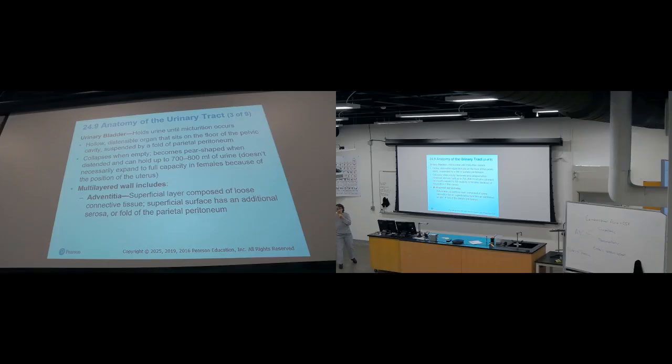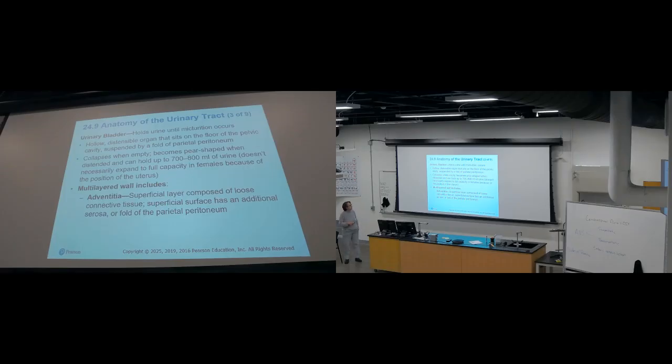Details about the urinary bladder: it is a muscular sac that holds urine, and it is distensible. It is suspended by the parietal peritoneum in the sac of Douglas that is located, in the case of females, between the uterus and the urinary bladder.